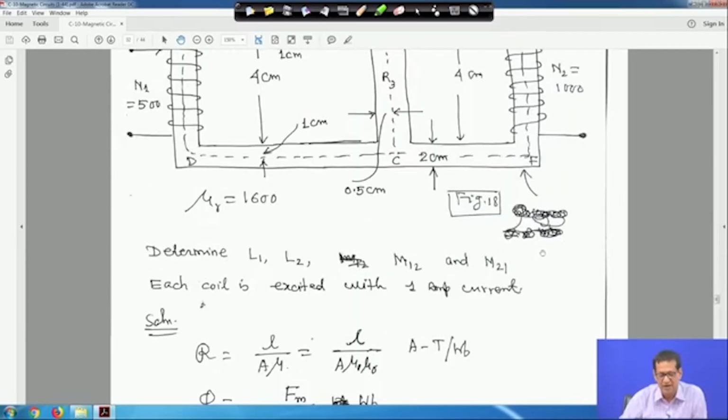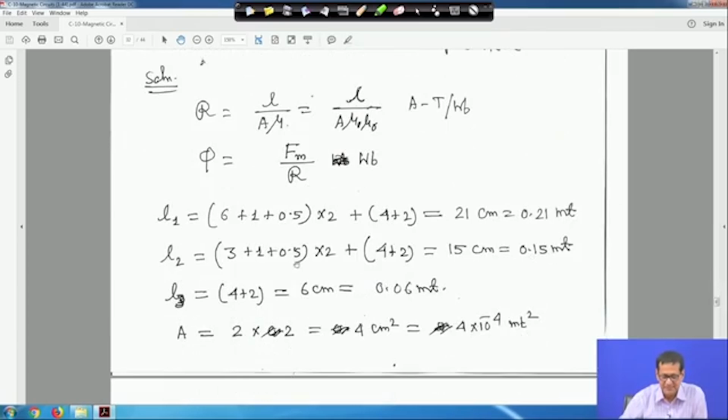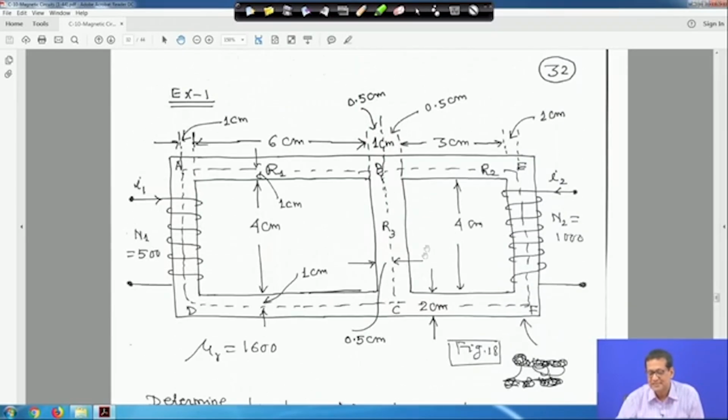Similarly, if you come to L2, it is given as 3 plus 1 plus 0.5 into 2, plus 4 plus 2. Here it is 3, this side is 1, I am marking with the pointer rather than the pen, 3 plus 1, and this side is 0.5. So 3 plus 1 plus 0.5, this side also 3 plus 1 plus 0.5, multiplied by 2, right.